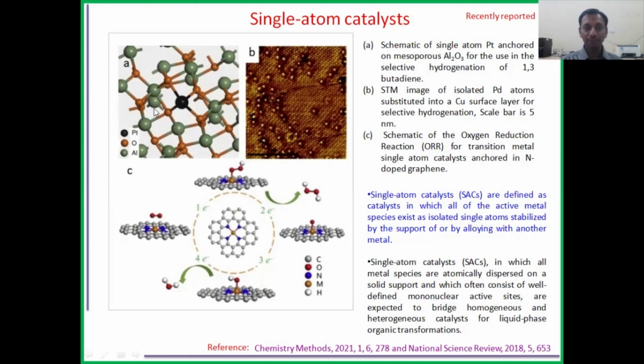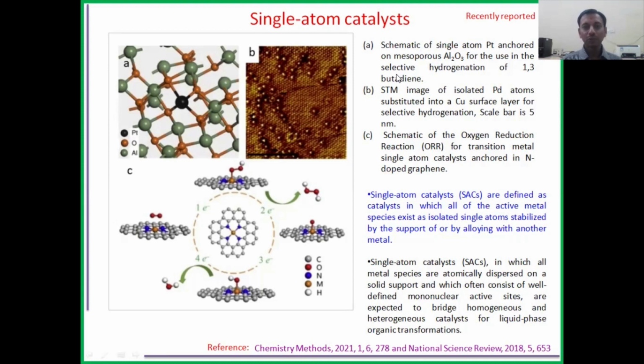We can see the examples of materials of single atom catalyst A, B and C. So first, A is the schematic of single atom platinum anchored on a mesoporous alumina, Al2O3, for use in selective hydrogenation of butadiene.